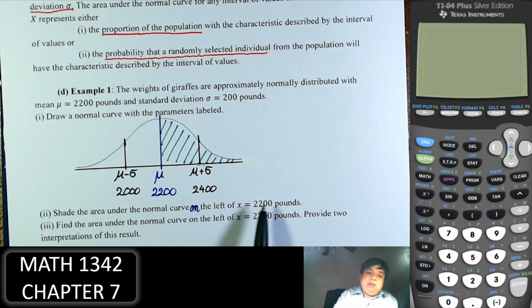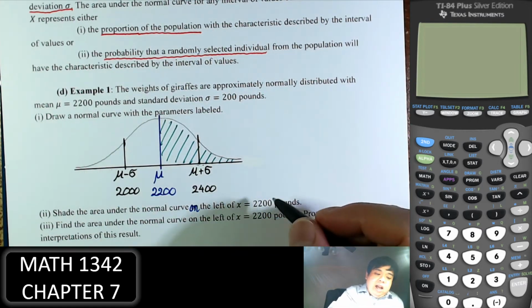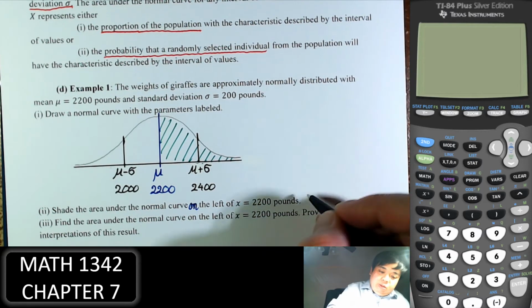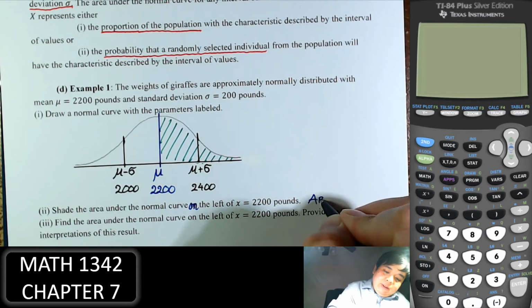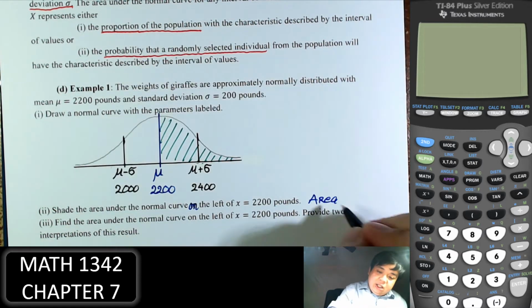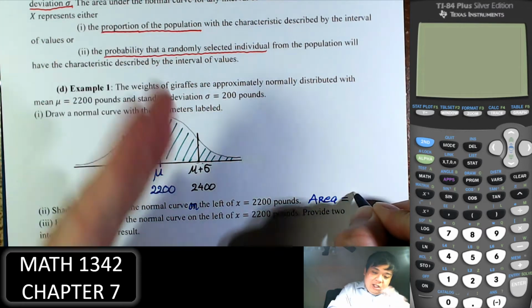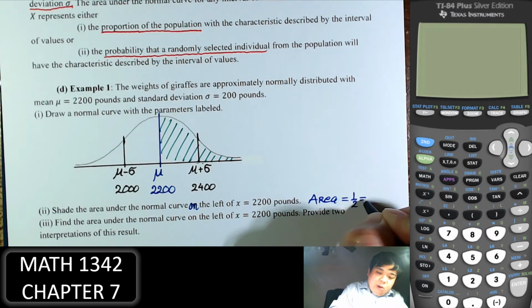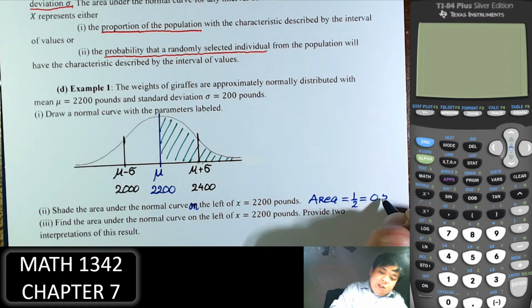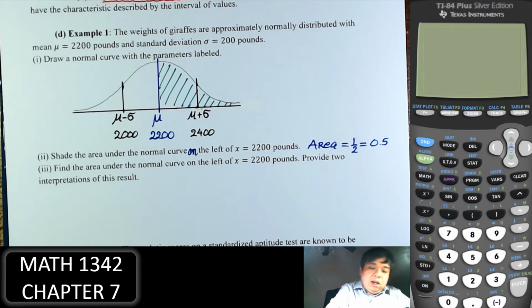On the left of the mean, the area is 1/2, because this is symmetric. So 1/2, it is just half of it, or 50%. Of course, the area is 50%.